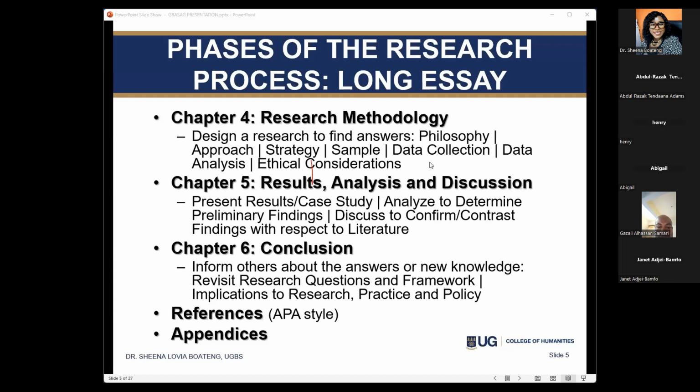Remember that in your literature review, you talk about how this author said this and that author said that. So your findings are supposed to refer back to that literature review you did and tell us whether the findings you are having are agreeing with what the literature that you reviewed is saying, or they are contradicting them.